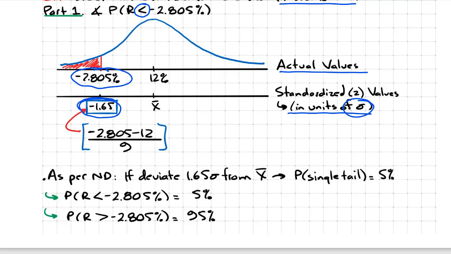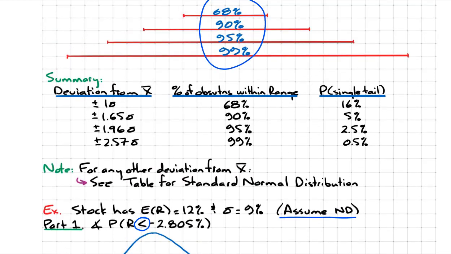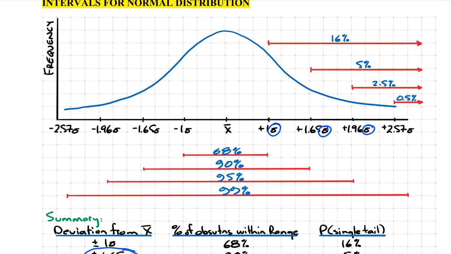Now this I can use in order to calculate probability, because if you go to our table, the one that we had done, here it is. If you are 1.65 standard deviations away from the mean, let me do it this way. Visual is better. Let's use our visual framework.